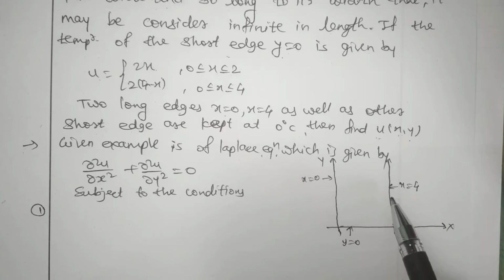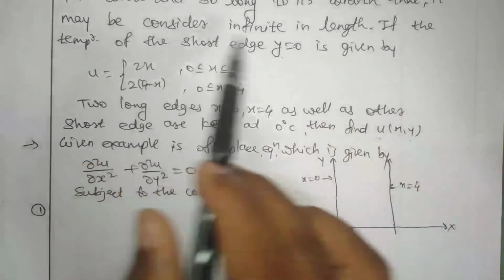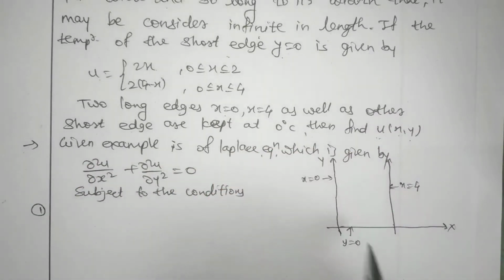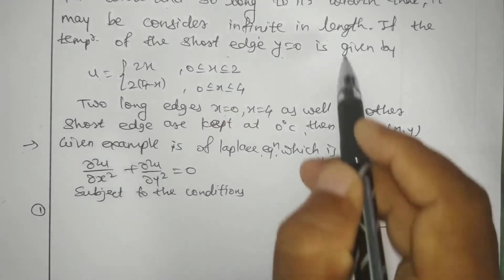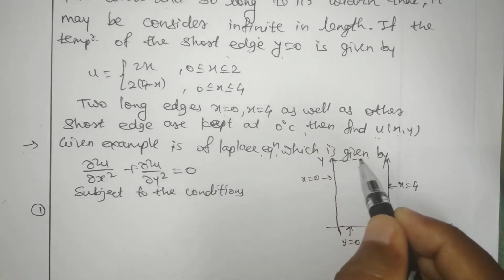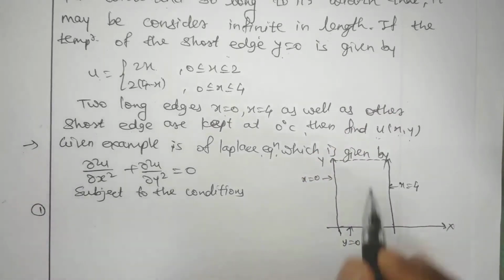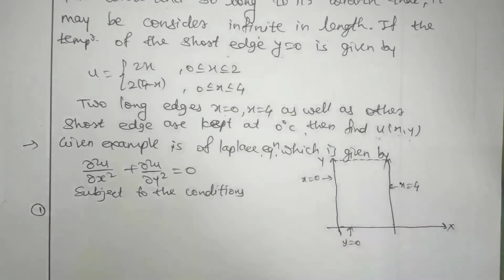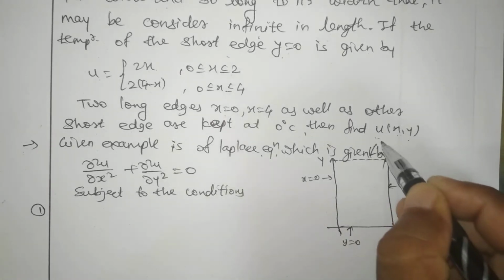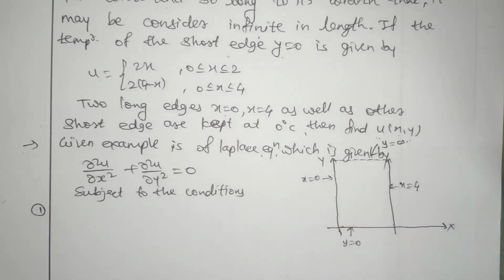It is given that it may be considered infinite in length, that means this length is infinite. So at infinity somewhere these two join and it becomes a rectangle. Now there are four sides for this rectangle: this line is y = infinity, this is y = 0, this line is x = 0 and this line is x = 4.